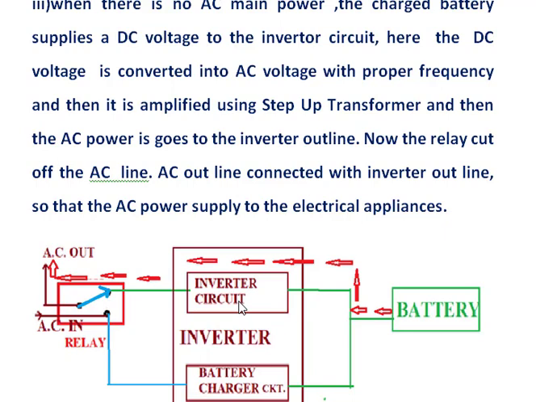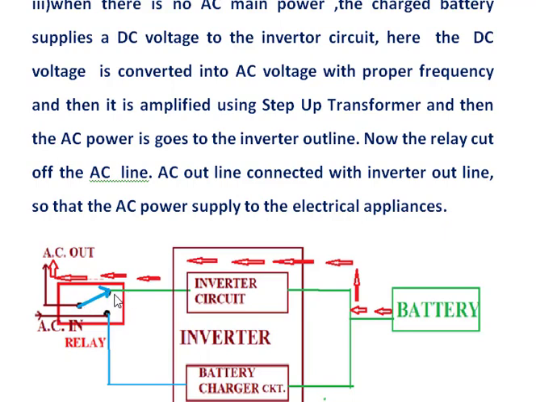This step-up transformer converts the low voltage into high AC voltage. High means 220 volts AC with 50 Hz frequency. So the output of the inverter is 220 volts AC with 50 Hz, and it is supplied to this line.